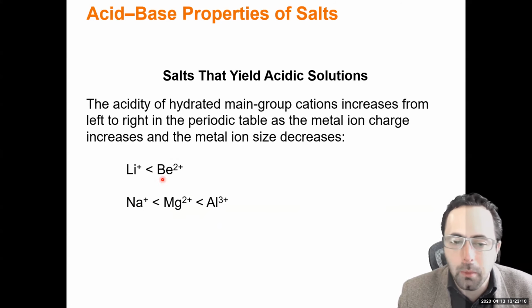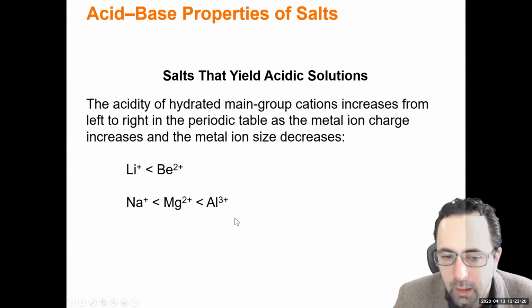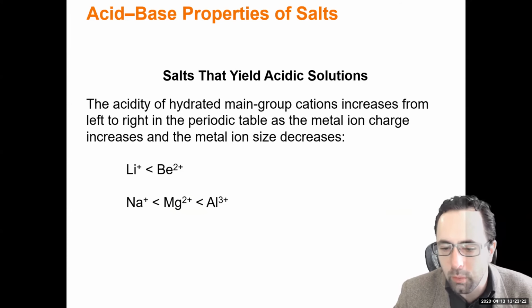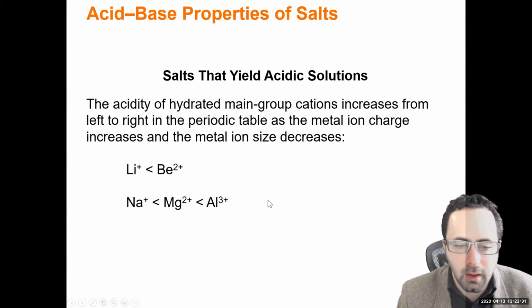But beryllium is small, it is highly charged, it is acidic. Aluminum, small and highly charged, it is acidic. Generally, if it's in the first 4 rows of the periodic table and it has a charge of 3 or greater, it may be acidic. Beryllium is an exception. It's so small that positive 2 makes it acidic.